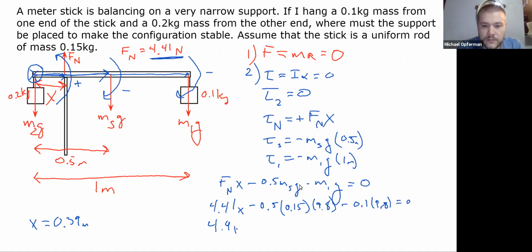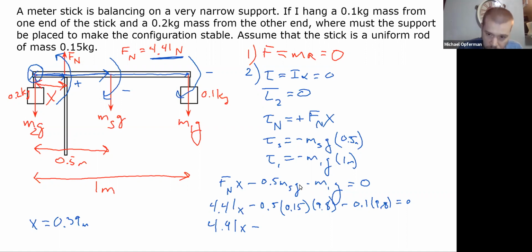So that is 4.41x minus 0.5 times 0.15 times 9.8, and then minus 0.1 times 9.8. So this number turns out to be, oops, I put it in backwards.